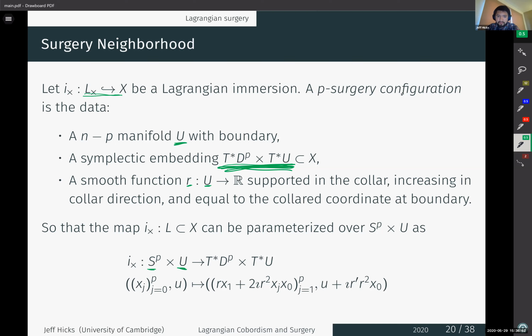So in specific coordinates, it's a little bit hard to read out, but these coordinates over here look like the coordinates parameterizing a Whitney sphere from our original parameterization of a Whitney sphere. And this R coordinate over here is controlling the radius of the Whitney sphere.